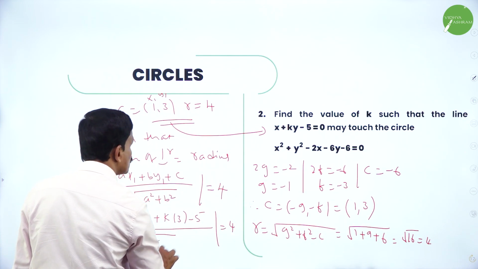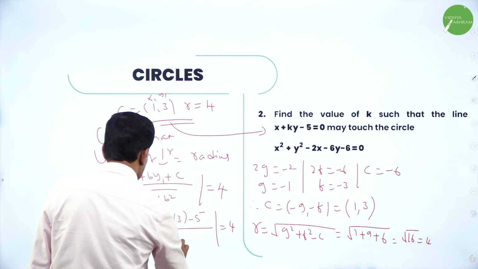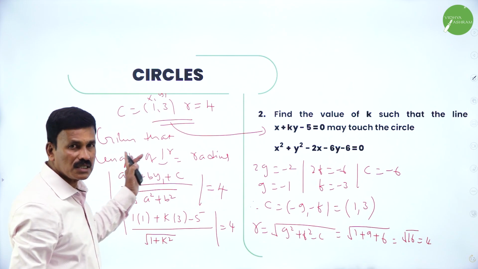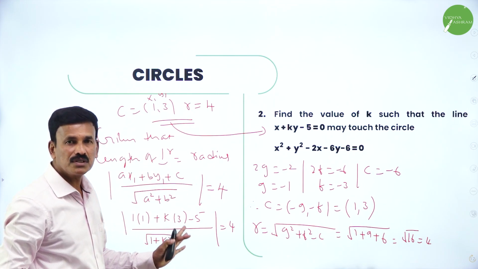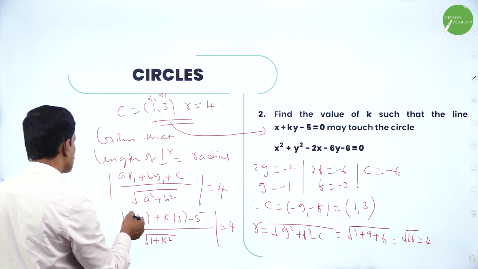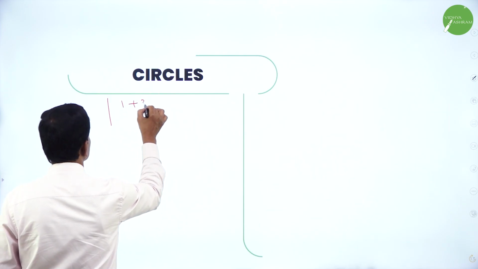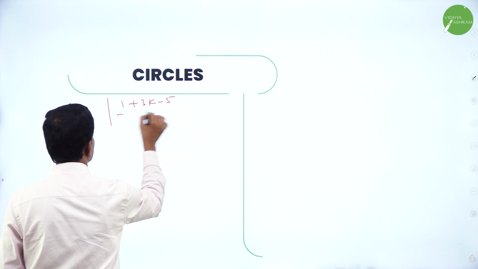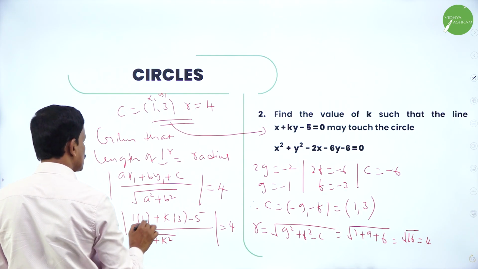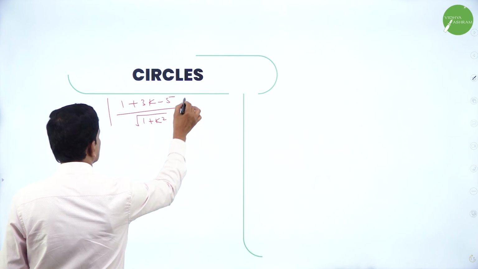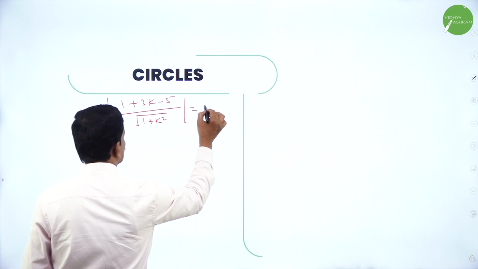A square, 1 square is 1, plus b square is k square. Simplify this. So what will you get? Given condition is that the length of perpendicular is equal to the radius. So that is 1 into 1 is 1, plus 3k - 5, divided by root of 1 plus k square, is equal to 4.